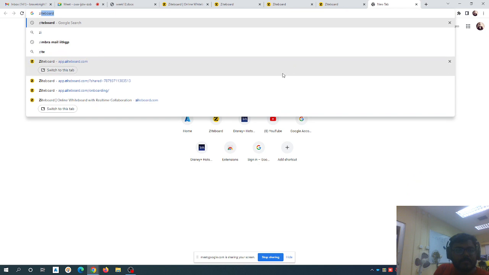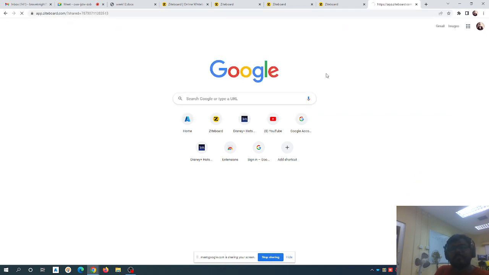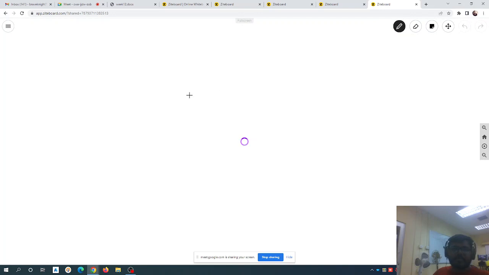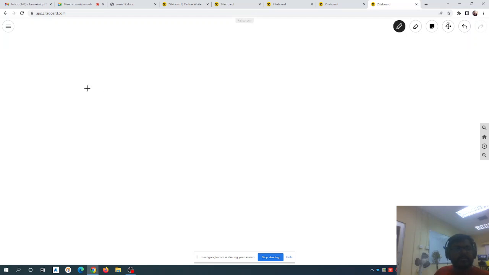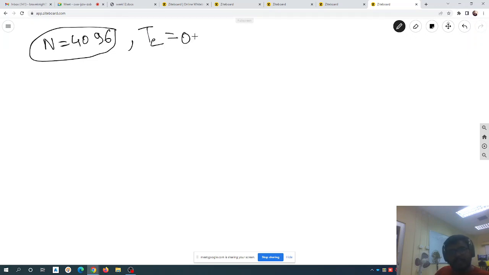So let us extend this question. Now I have N equal to 4096 from the previous question, and also the following conditions: Tc is equal to 0.5 millisecond, Ts symbol duration is 0.1 microsecond, and B is 20 megahertz.